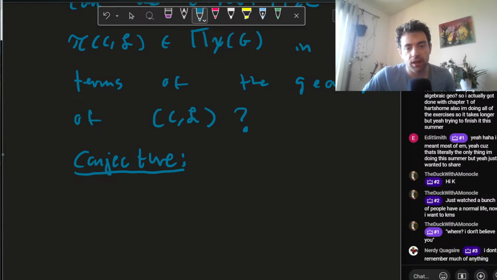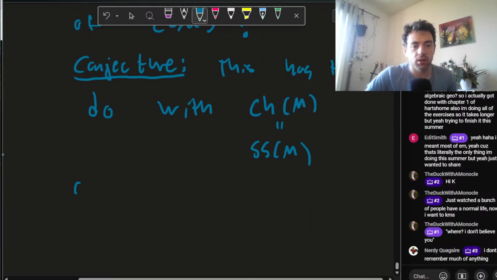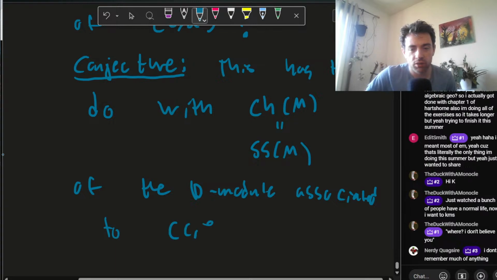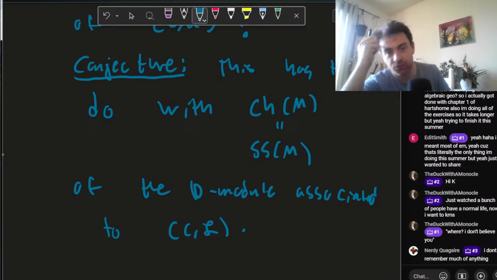The conjecture is that this has to do, again, not a precise statement, with the characteristic cycles, or what's sometimes called the singular support, of the D module associated to the pair C and L. So this probably made sense to no one but me, unless in the off chance there's someone tuning in who already knows this stuff.